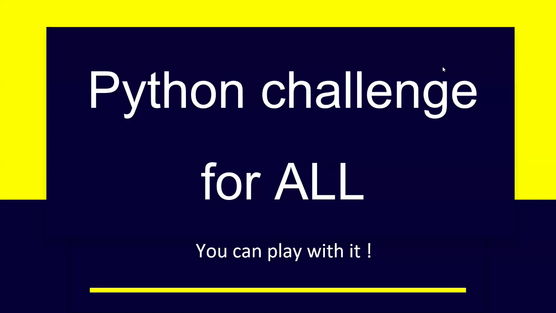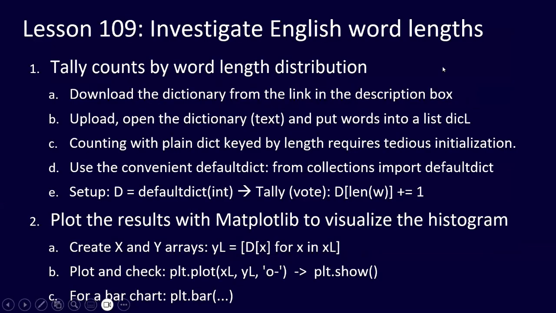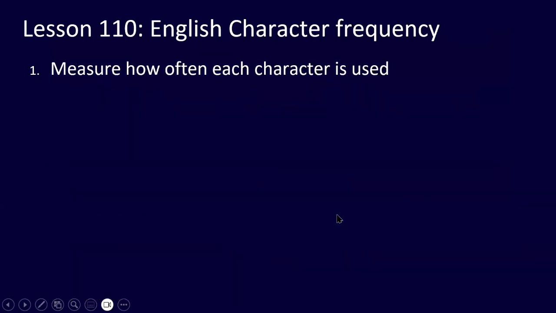We're playing with words. Last time in lesson 109, we investigated English word length, taking the tally of word length distribution and then visualizing the histogram using matplotlib. So okay, let's continue a little further.